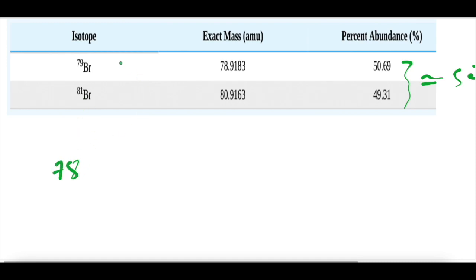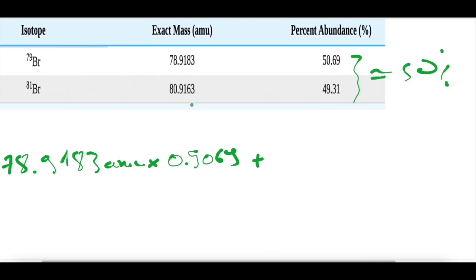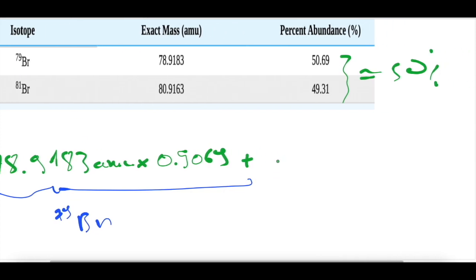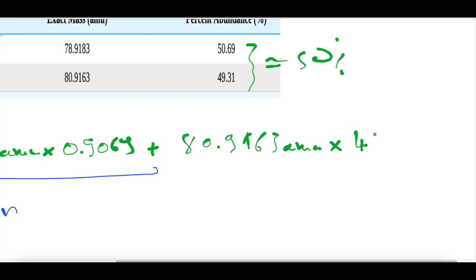So the average mass is just the atomic mass unit of each isotope. Here we start by the first isotope 79, so 78.9183 AMU times its mass fraction, which is equal to 0.5069, plus the second isotope, which is equal to 80.9163 AMU times its mass fraction, which is equal to 0.4931.